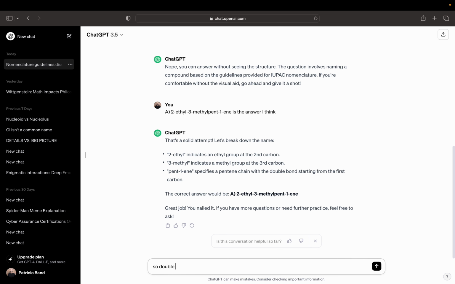So double bond has priority over ethyl, and then ethyl over methyl.